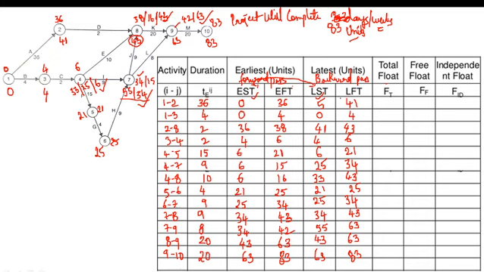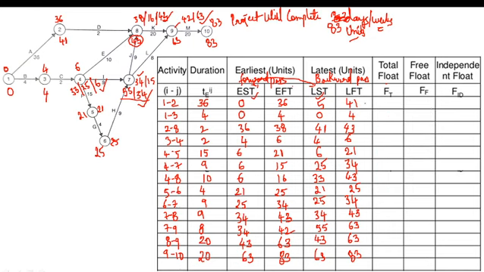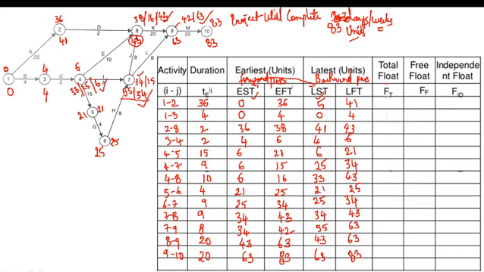It is the calculation of LFT minus EFT, either these two columns, or LST minus EST. If you subtract these two columns, you will get the value of total float. Now you can subtract it.